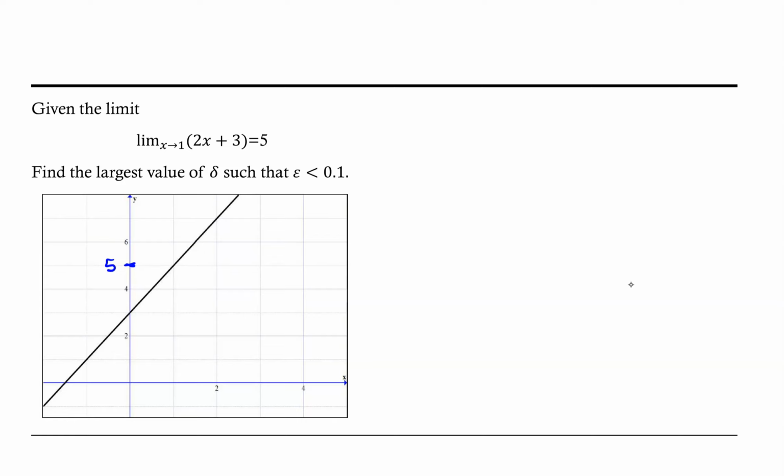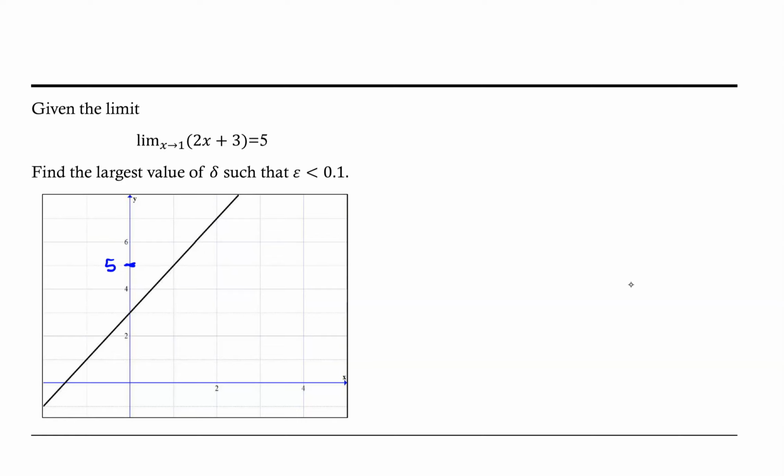Now, we know that we want epsilon to be less than 0.1, and we want to find that largest value of delta that produces function values of 2x plus 3 within 1/10 of 5.